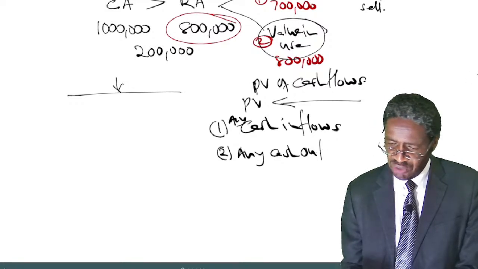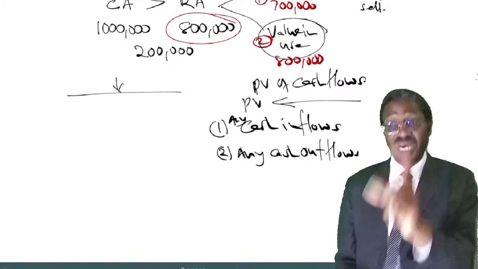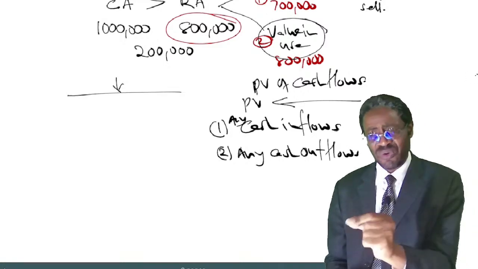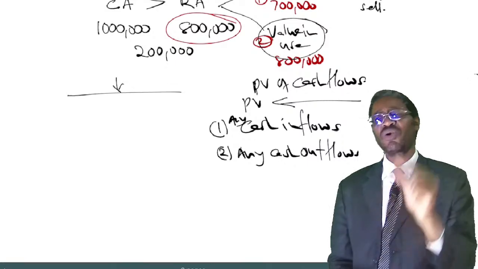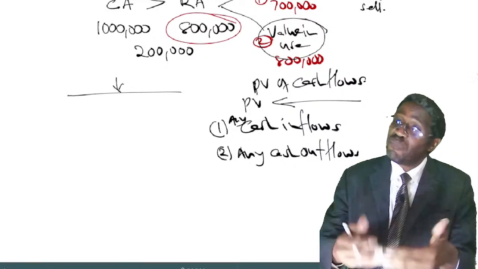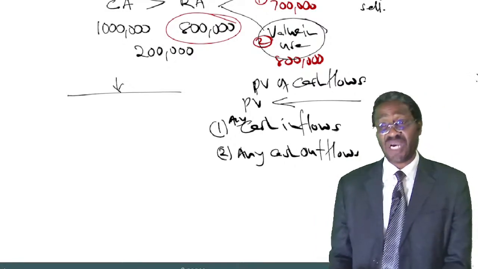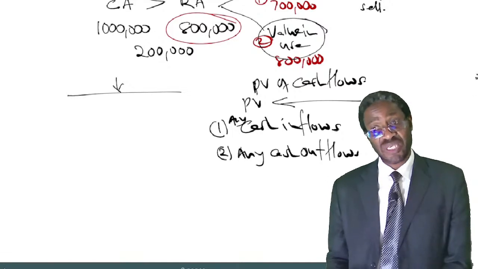this is cash outflow that will be incurred, any cash outflow that will be incurred or is considered necessary to be incurred to help the company to generate more future cash flows, that is another component of the cash flows that should be discounted.